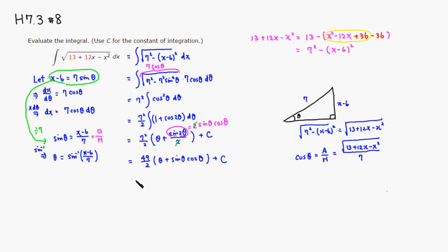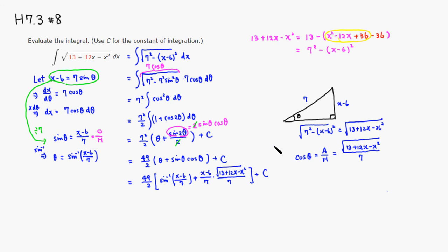Now we know everything. So we have 49 over 2 times theta, which is arc sine of x minus 6 over 7, plus sine of theta, which is x minus 6 over 7, times cosine of theta, which is the square root of 13 plus 12x minus x squared over 7, plus some constant c.